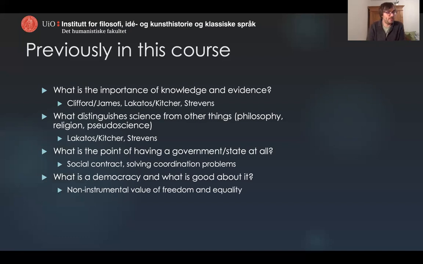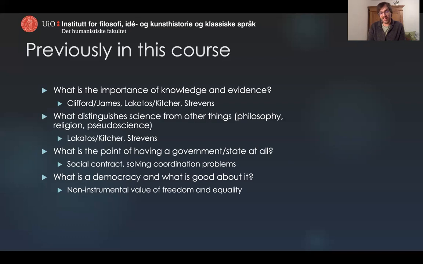And then we looked at this particular form of government that we have in Norway and other countries in Europe, namely a democracy. What is good about having a democracy? One of the issues that we discussed is that some people think that democracy gets us, for example, to be more happy, or it can serve other instrumental values.